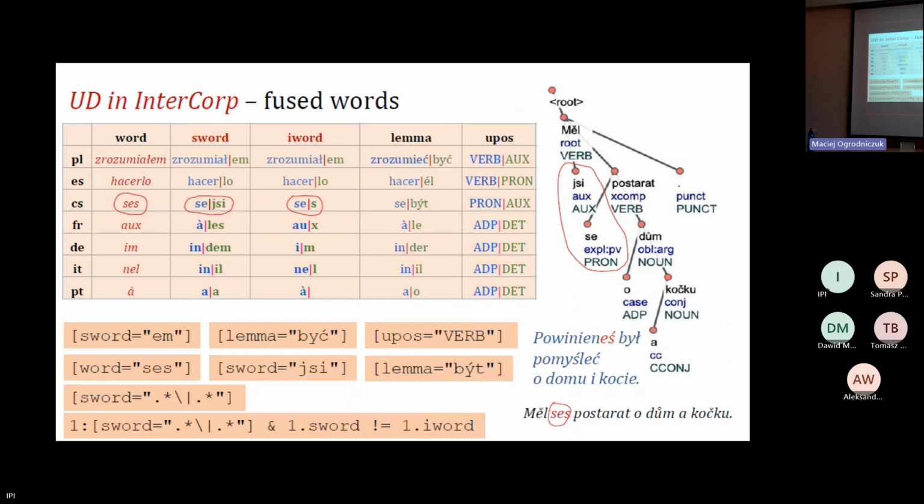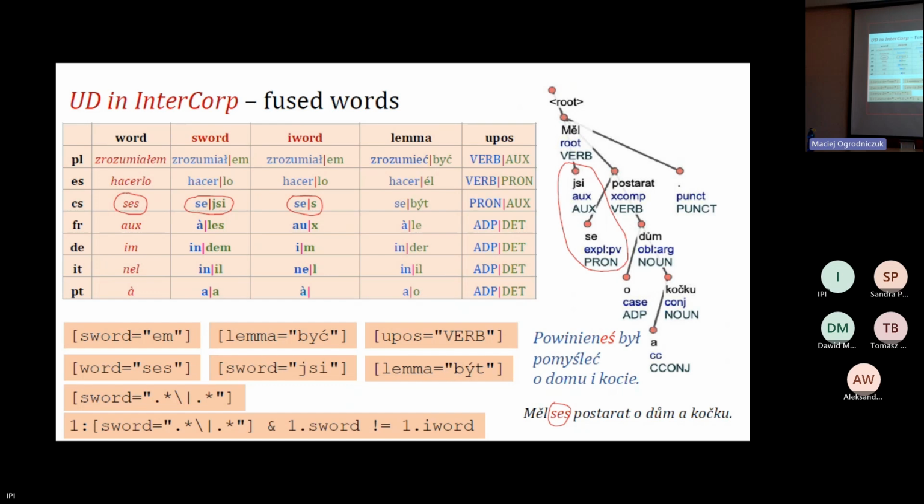It can be even worse for some languages, such as Portuguese, which has just one word that's actually a preposition and determiner. Yeah, and here we don't really know what to put. And of course, French has all of these, and it's reconstructed like this. In German, it's also like this. So this is the reason why we do something more fancy here. And you can search for the forms like this, so this is CQL, the Manatee version.